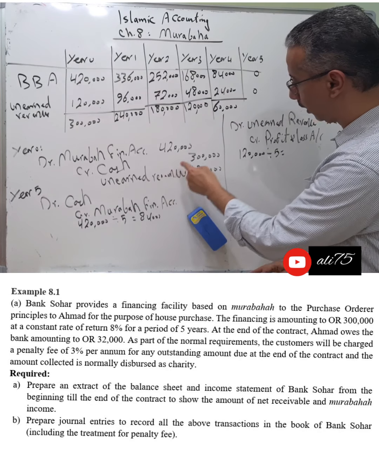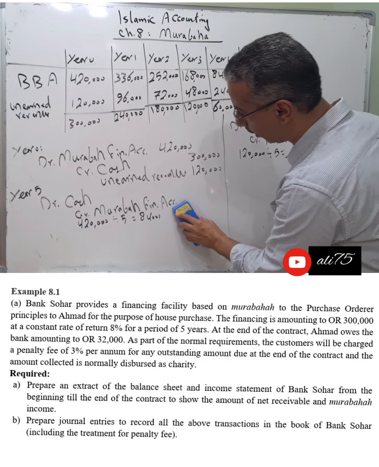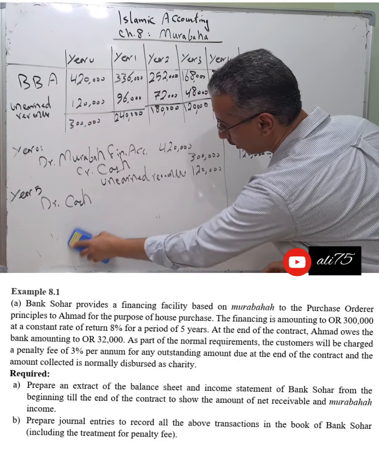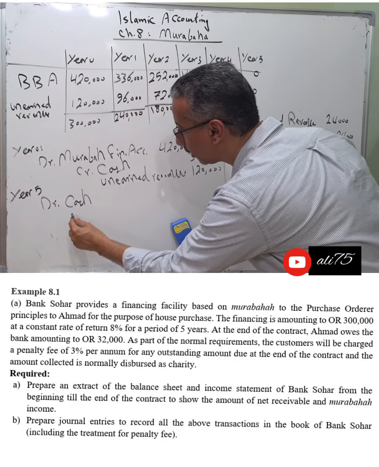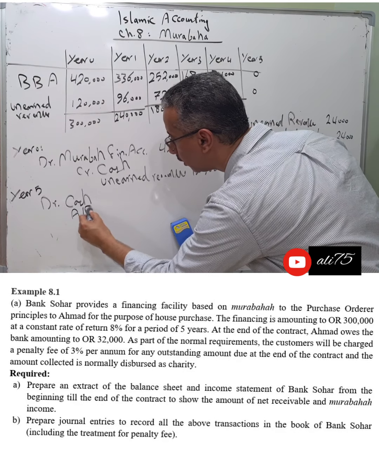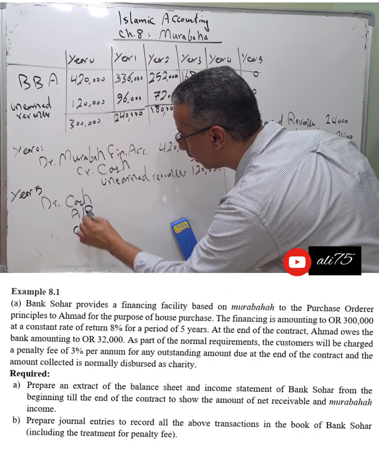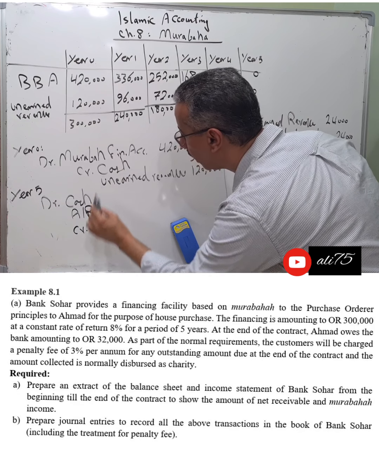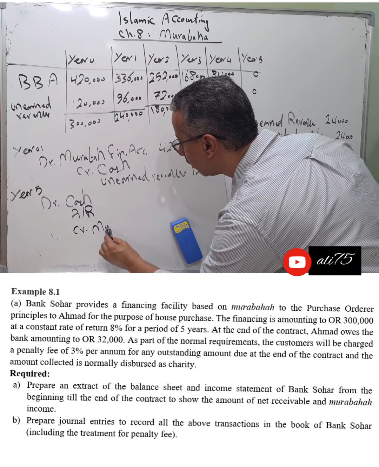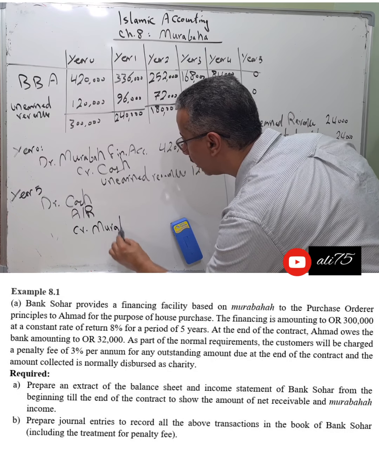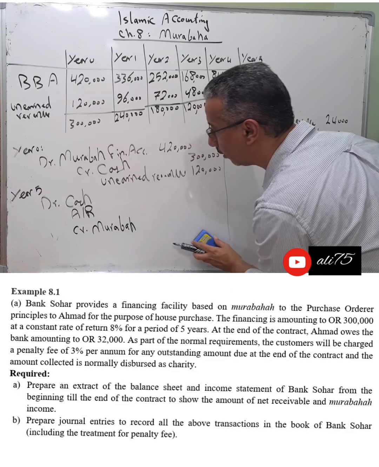So we didn't collect our amount, cash and account receivable. We'll credit the Murabaha finance when we make the journal entry at the end of year 5 here.